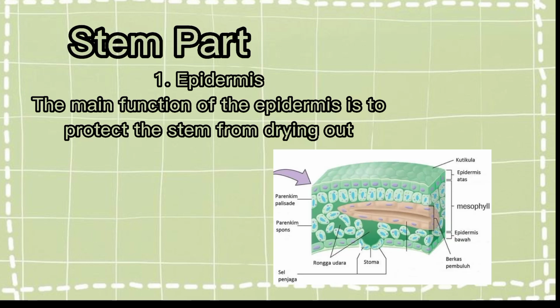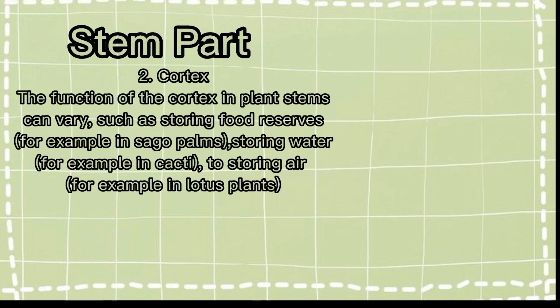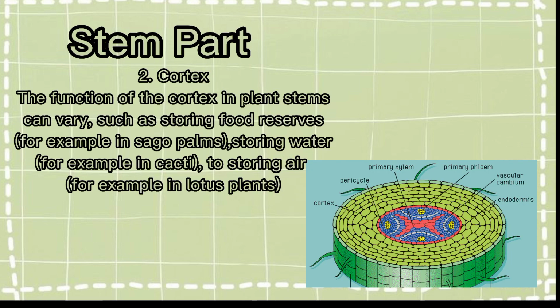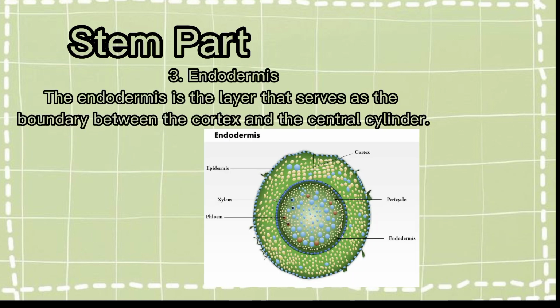The next is the stem parts. 1. Epidermis. The main function of the epidermis is to protect the stem from drying out. 2. Cortex. The function of the cortex in plant stems can vary, such as storing food reserve, for example in sago palms, storing water, for example in cacti, to storing air, for example in lotus plants. 3.